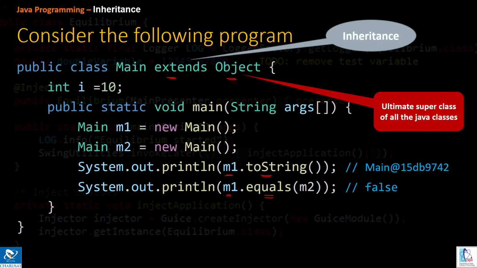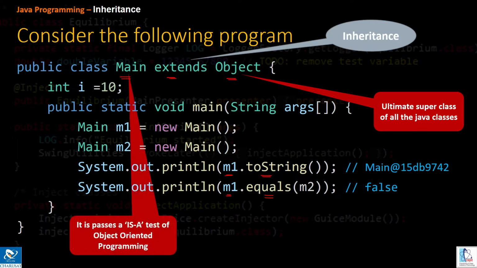So whether you mention it or not, by default it becomes the superclass of all the Java classes, like here we have the example of main. And if you try to pass the is-a test of object oriented programming, then main will pass that test. So ideally I can say that main is an object.